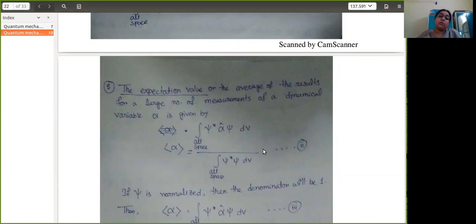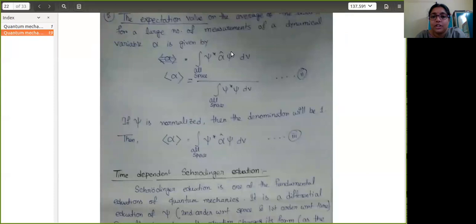And if you go on repeating the measurement process, you will get a large number of different values. The expectation value will give you the average of the results for a large number of measurements of a dynamical variable, the momentum. Mathematically it is given by integration psi star alpha psi dV divided by integration psi star psi dV.